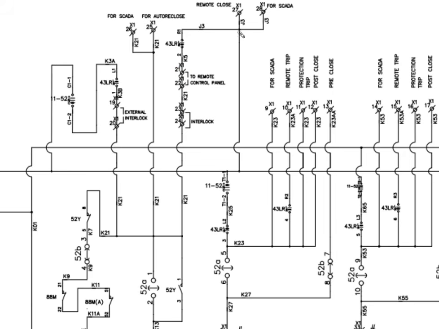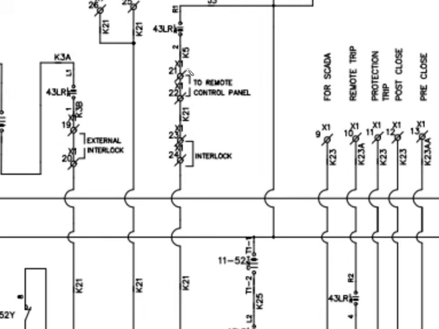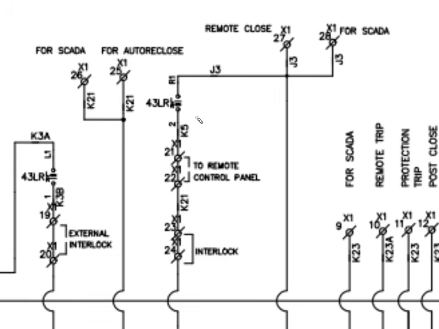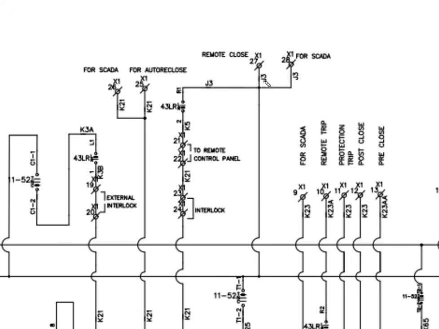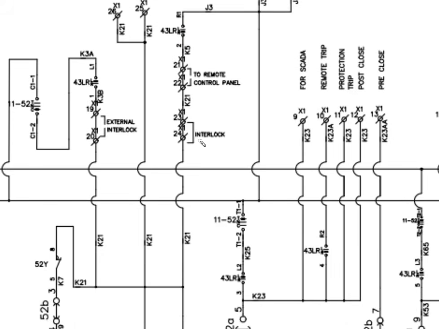So the closing positive means the positive that is coming to the local remote switch. I'll just zoom in a bit. Okay, so the positive that is coming through the local remote switch and into the relay panel is called the closing positive, and the TB number for that is X1-21. Okay, and then for the closing it's X1-22, K21.